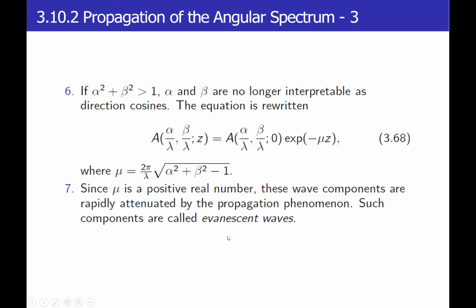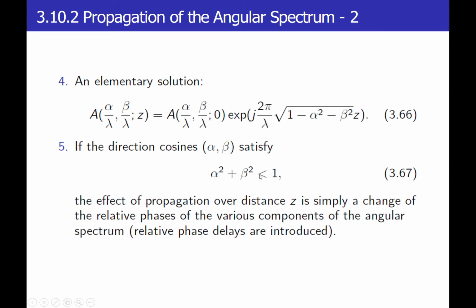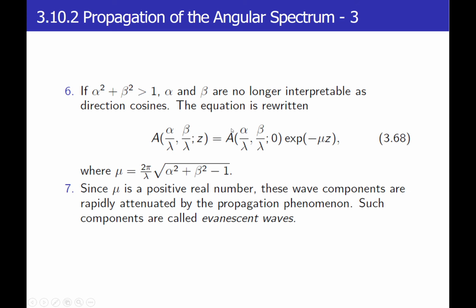So we have two solutions, and we call this the evanescent wave because it will die away as z increases, and it does not contribute too much in the far field. If this is the case, then we have an oscillating term, and this will contribute to our calculations.